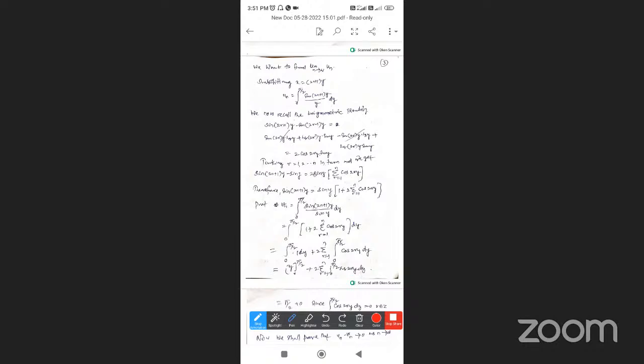What happened? 2 cos 2ry sin y, for r equal to 1, 2, up to n terms. And we get sin (2n plus 1) y minus sin y is equal to the sum of 2 cos 2ry sin y. Already sin y is there.